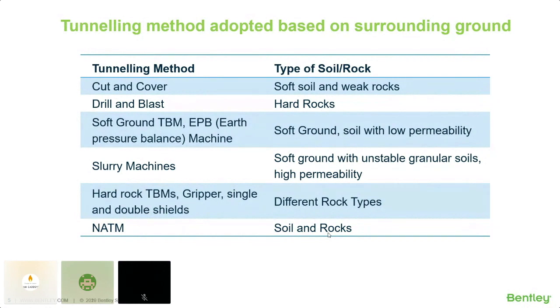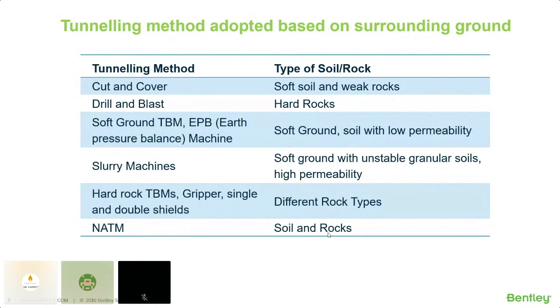Or you can use the NATM method, New Austrian Tunneling Method. Which method to adopt depends on many factors, such as the geological condition, space constraint, location, and cost allocation to the project.